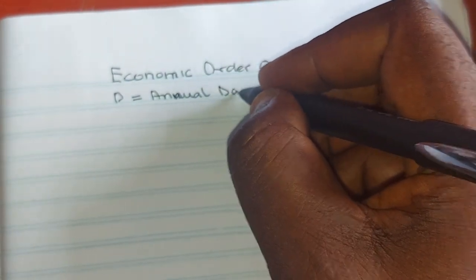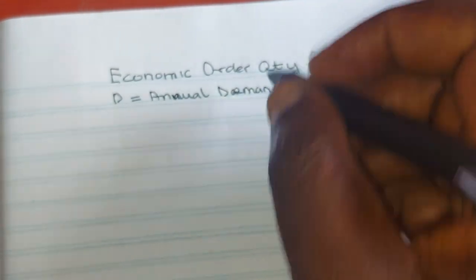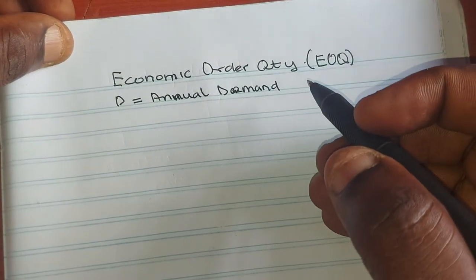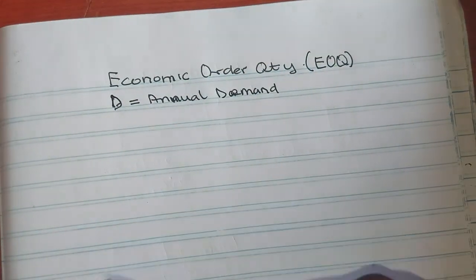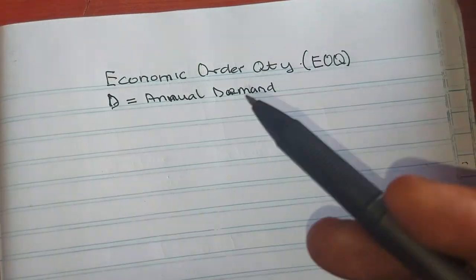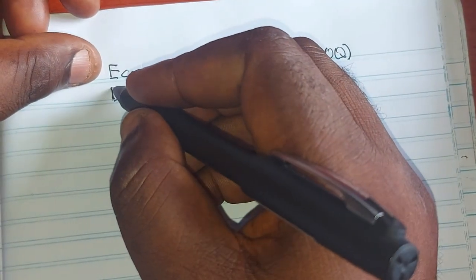D is known as annual demand. That is what the organization needs for the year. That's the number of items of stock the organization needs for the year, and it is normally represented by D.